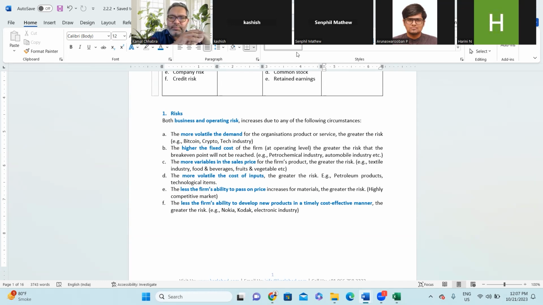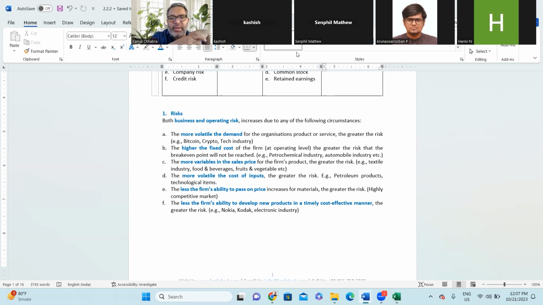Break-even point? Zero profit or zero loss. Yeah, a zero profit, zero loss situation, right? So if the fixed investment is high, that means your fixed cost is high, right? So reaching the break-even for that fixed cost will take a longer time, right? So that is again a risk of the capital investment.